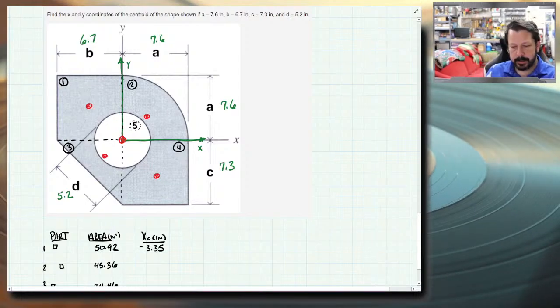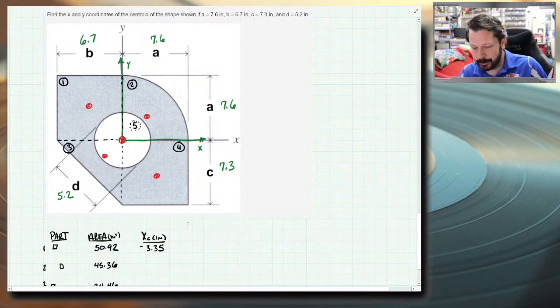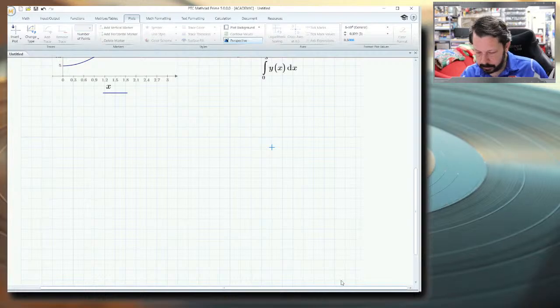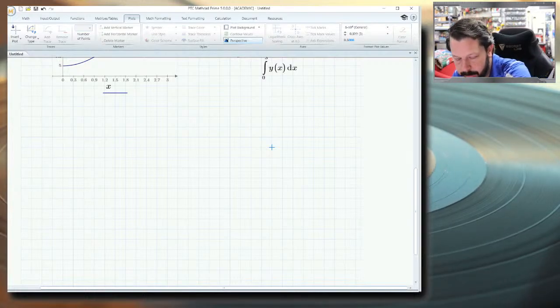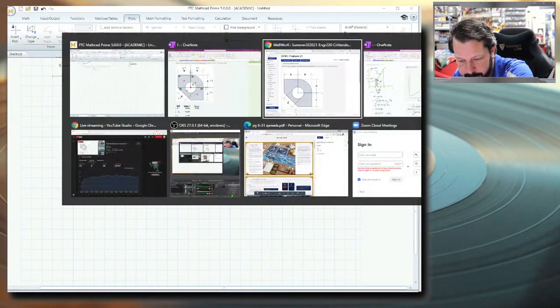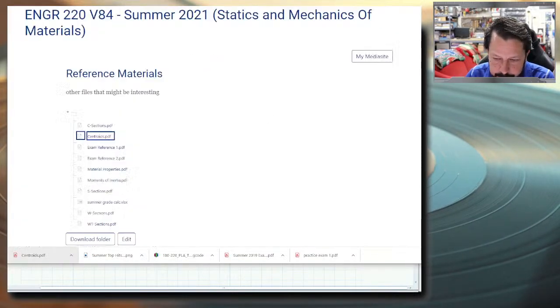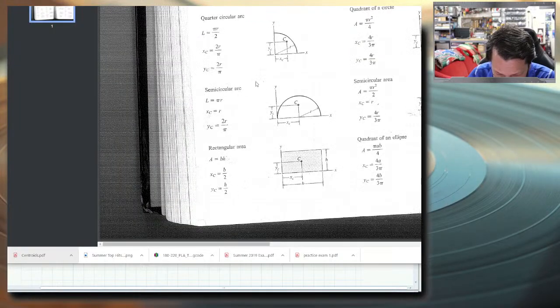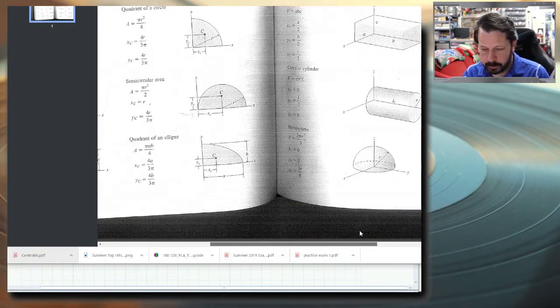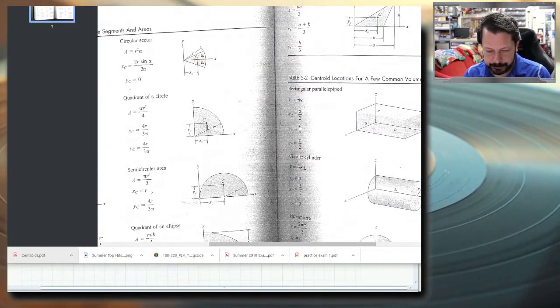Part 2 is a quarter circle. You probably don't know where the centroid of a quarter circle is, so that's where you need to go and find your reference sheet. Let's see if I can find our sheet. What did we do with our sheet? Oh, it's on this page, but no, there. There's a quarter circle right there.